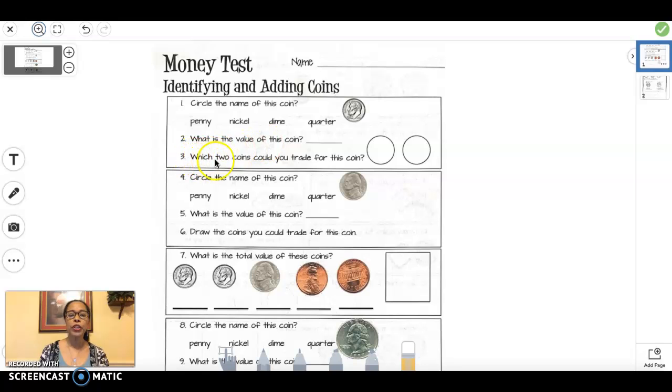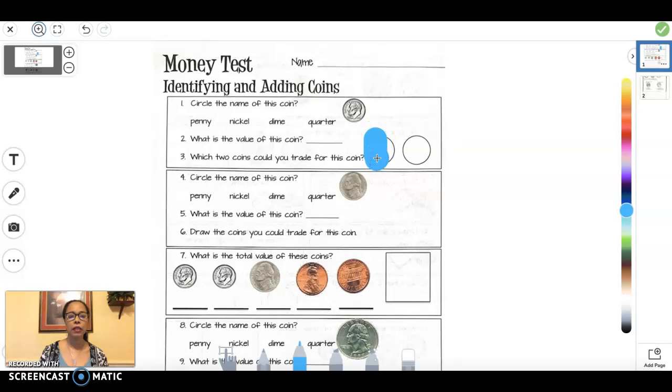Number 3, which 2 coins could you trade for this coin? What we want to know here is, whatever the name of this coin is, the value of that coin is the same as having these 2 coins. So these 2 coins will total the same amount as this coin. Now, if you think that this coin is a penny, then you will label it with a P. Oh my, I'm so sorry.